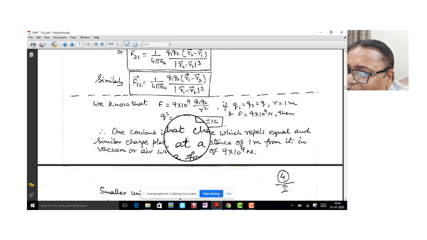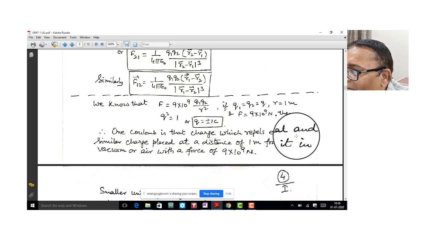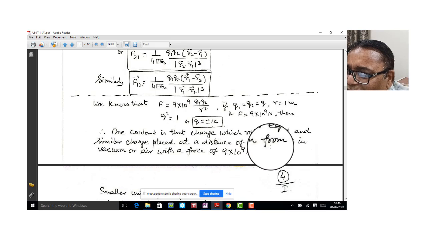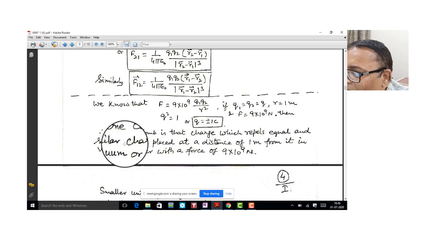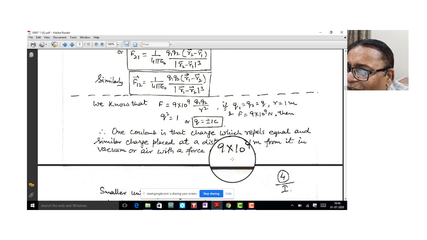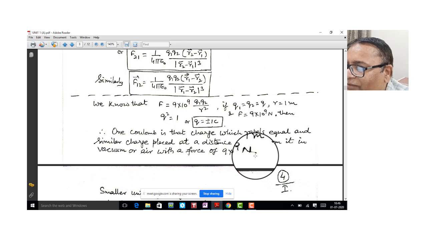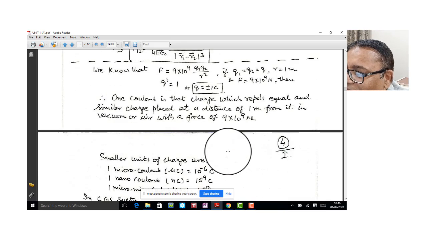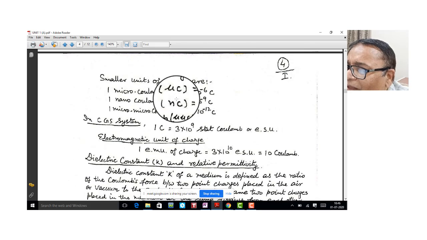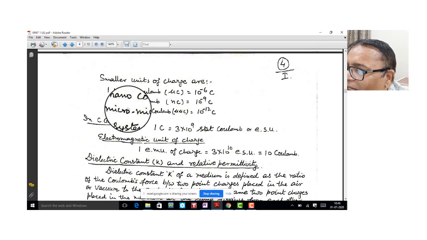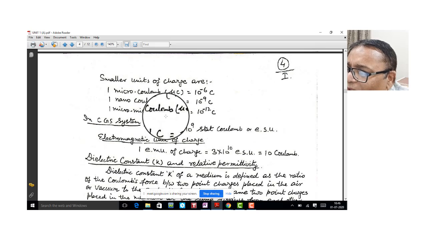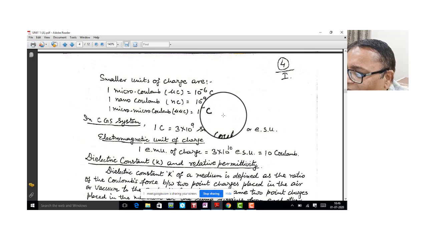Then the definition of 1 coulomb. 1 coulomb is that charge which repels an equal and similar charge placed at a distance of 1 meter from it in vacuum or air with a force of 9 into 10 to the power 9 Newton. Clear? And these are the units: 1 microcoulomb is 10 to the power minus 6, 1 nanocoulomb is 10 to the power minus 9, 1 picocoulomb is 10 to the power minus 12.